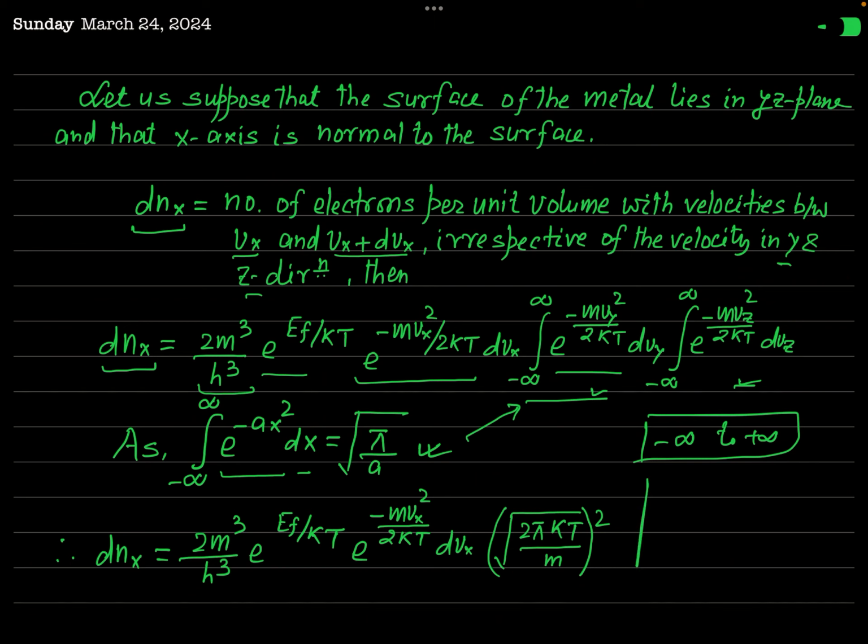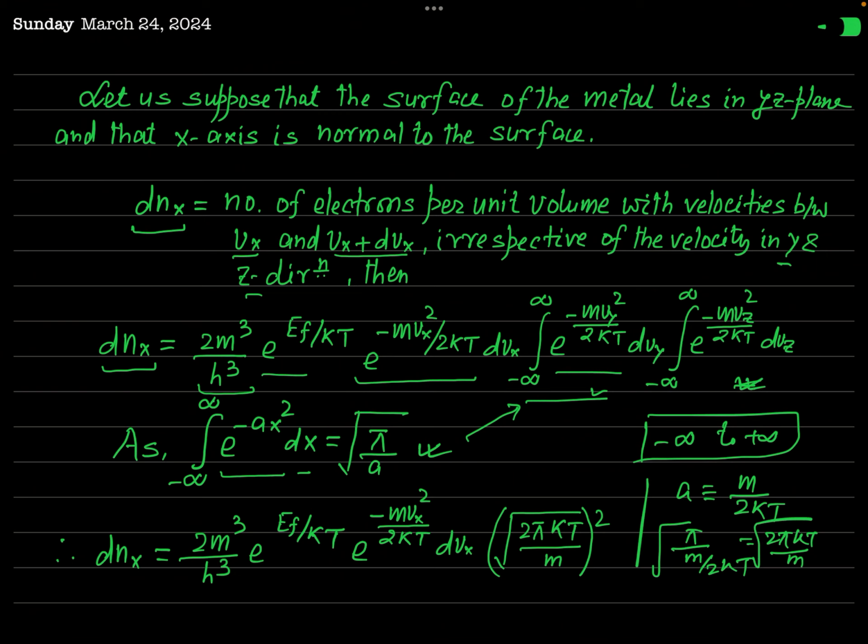Here, in place of a in our integral there is m divided by 2kt. So the value of this integral will be the square root of pi over (m by 2kt), and that will be the square root of 2 pi kt over m.